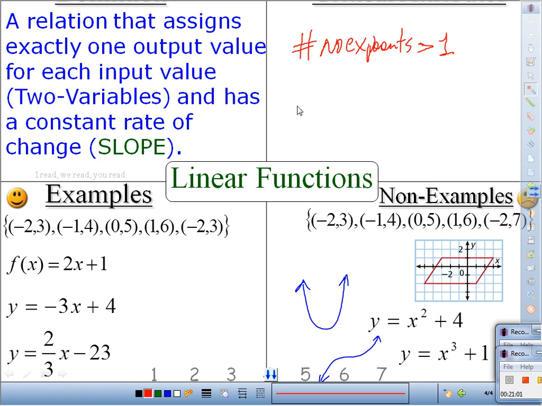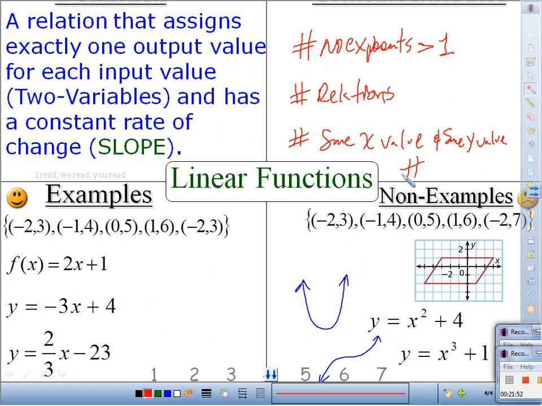Lauren. Hashtag relations, okay. Emma, hashtag same x value. And bam, same y value. Pretty good, yes? Oh, and last one, hashtag bam.